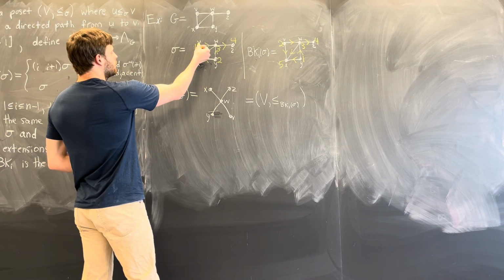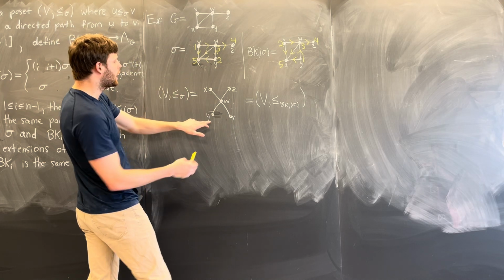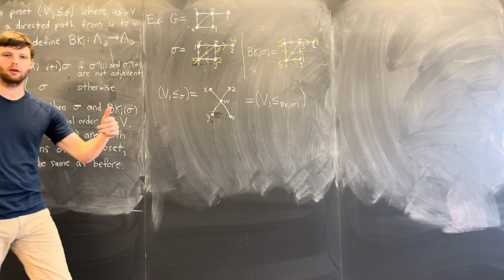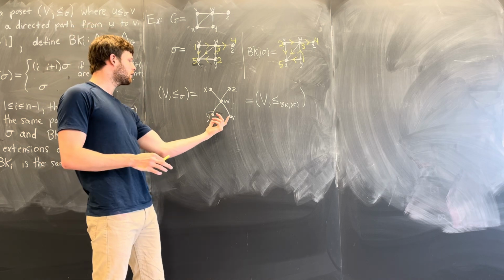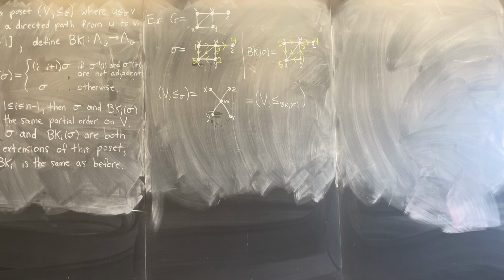The 1 would be on the v, and the 2 is on the y, and those are on incomparable elements. So if I did the original bk sub 1, the thing defined in terms of linear extensions of posets, it tells me that I should swap the 1 and the 2, just like I did here. Okay. So far I'm just reinterpreting things in terms of graphs, but there's a reason that I want to do this.